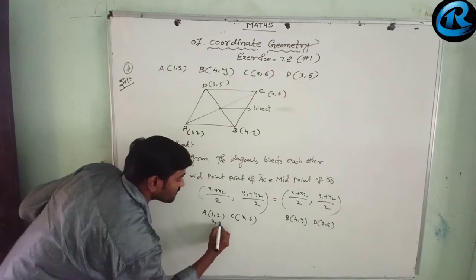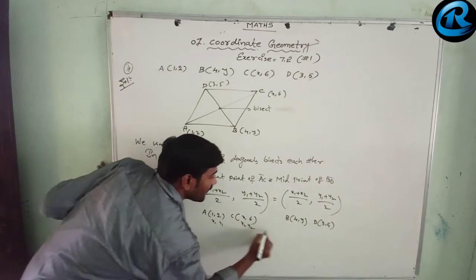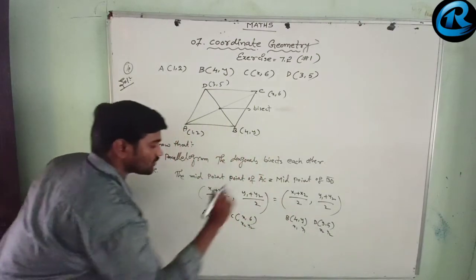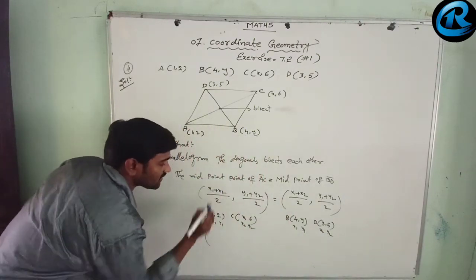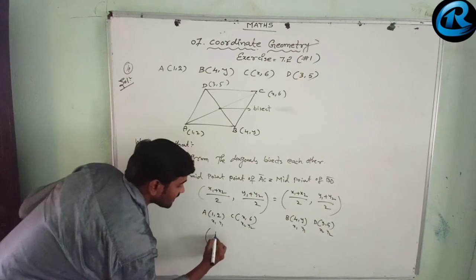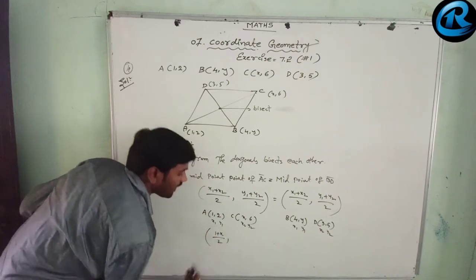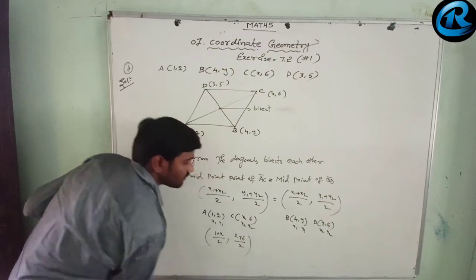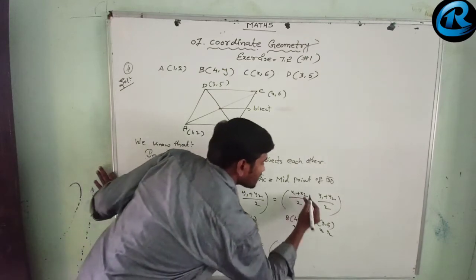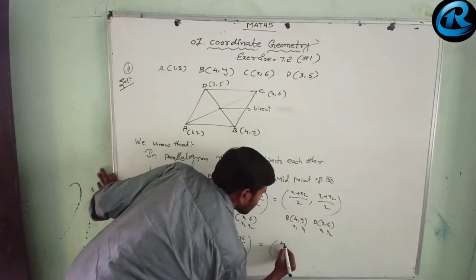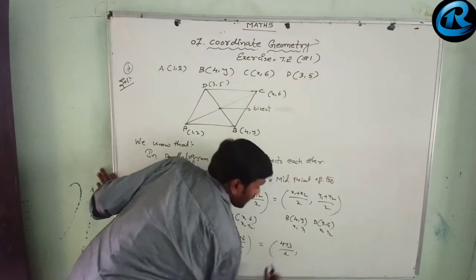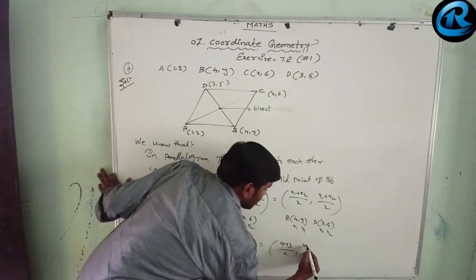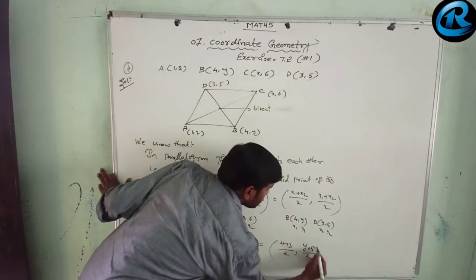It is x1 y1 x2 y2, x1 y1 x2 y2. ఈ ఫార్ములా సబ్స్టిట్యూట్ చేసేద్దాం. So let us see, x1 plus x2, 1 plus x by 2 comma y1 plus y2, 2 plus 6 by 2, that is equal to x1 plus x2, 4 plus 3 by 2 comma y1 plus y2, y plus y by 2.